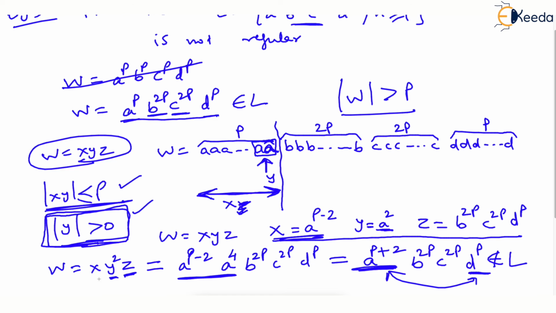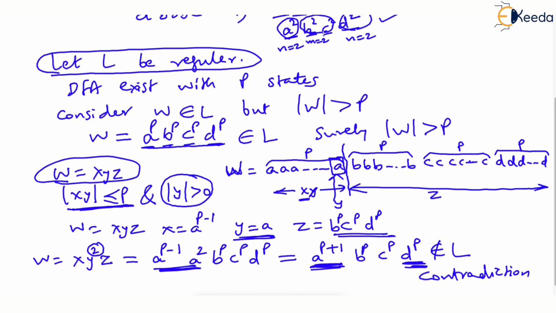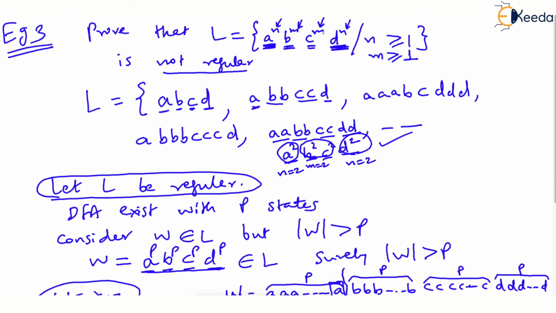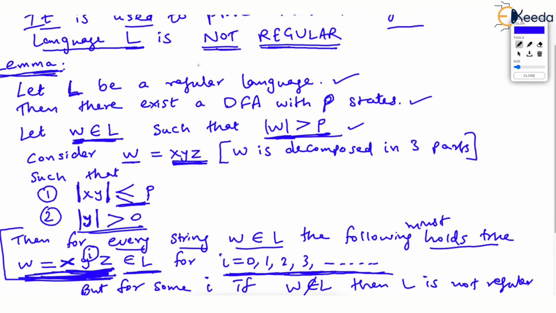And then for some i, like here we took i as 2, if we are able to prove that the new string that we are getting is not an element of L, we are done with it. I hope you got this example 3 very well, and you also understood the statement of the pumping lemma very well. Thank you very much.